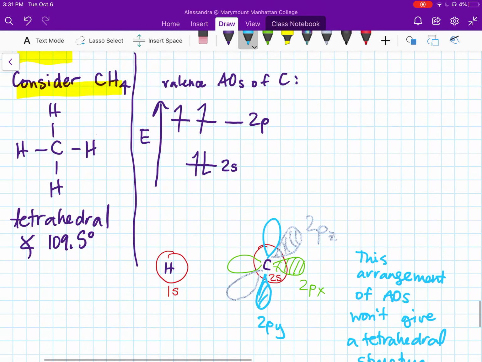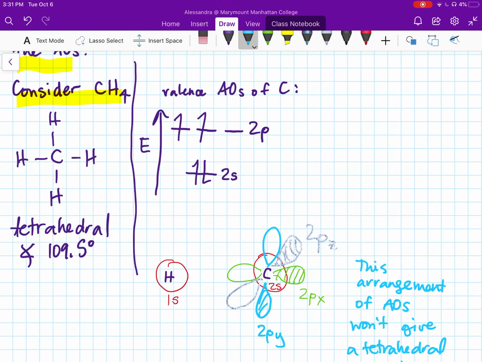And we can get that if we take these existing atomic orbitals and do what's called hybridize them.